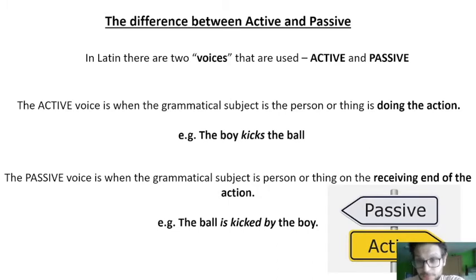That's active because the boy is doing the action, and then the ball is kicked by the boy would be passive because the ball is on the receiving end of the action. Okay, we call these two things the active voice and the passive voice, and we are going to be looking at the passive voice today.